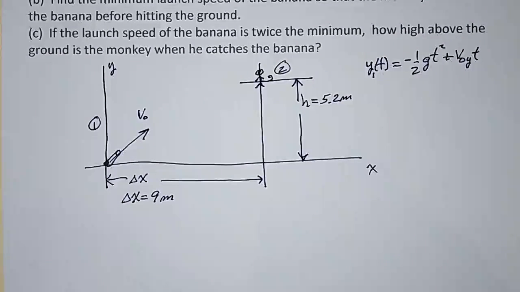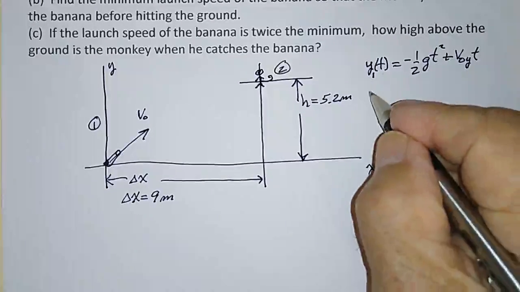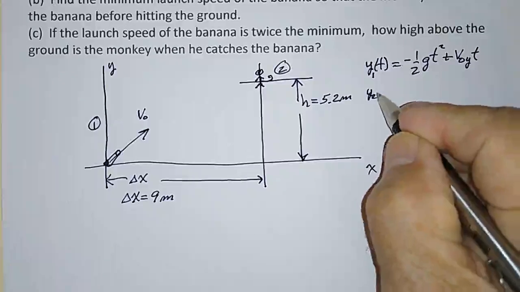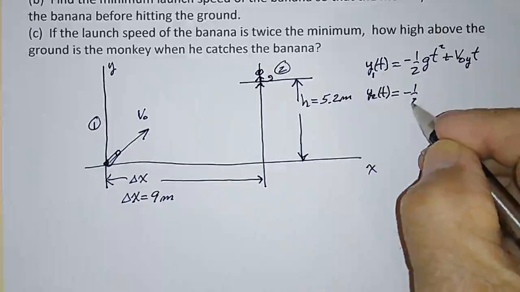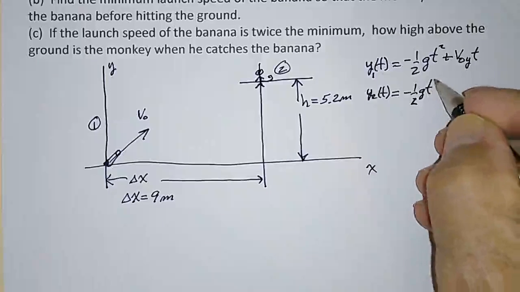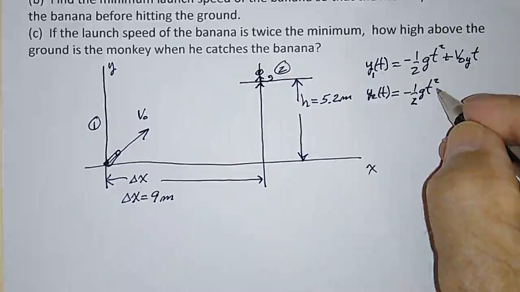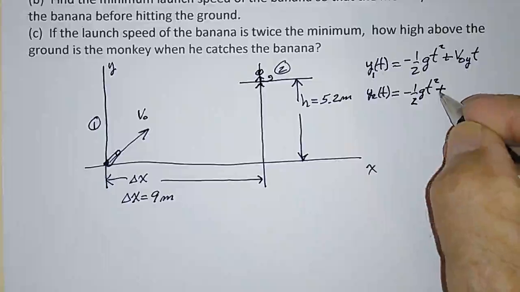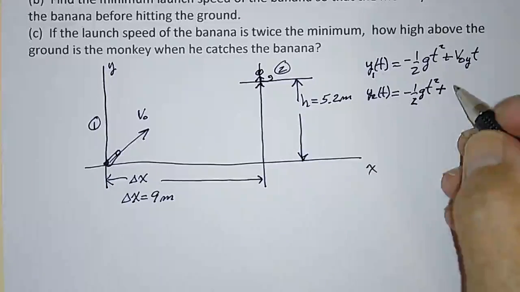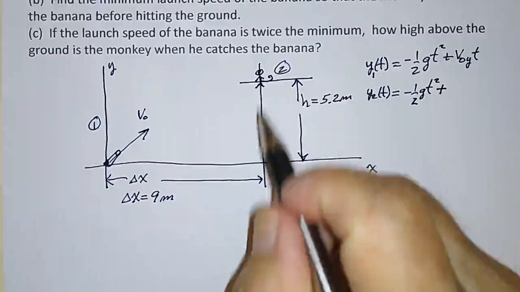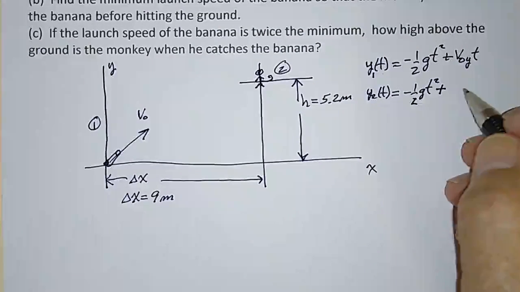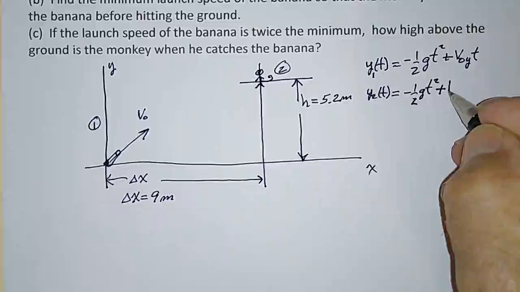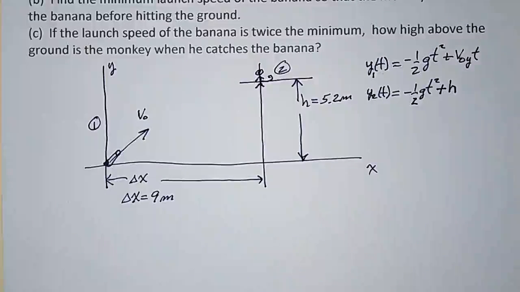Well, y initial is 0, so I'll just leave that off. And y2, which describes the monkey's motion in the y dimension, is minus 1/2 g t squared plus v in the y direction, which is 0 since he drops starting at v equals 0, plus the initial y position, which is h. So I'll write it like that.